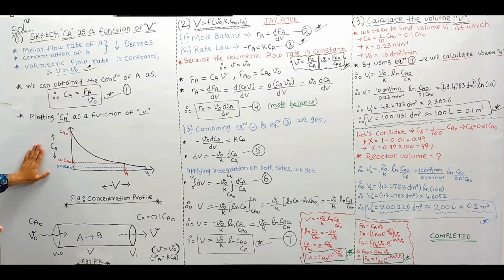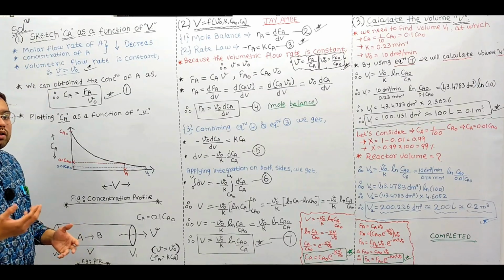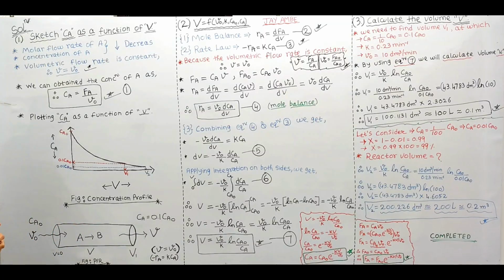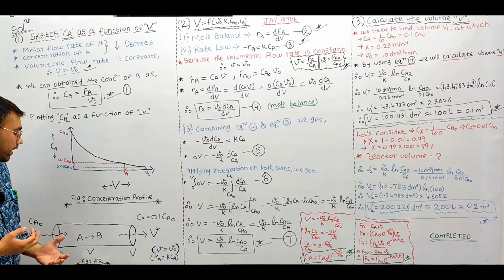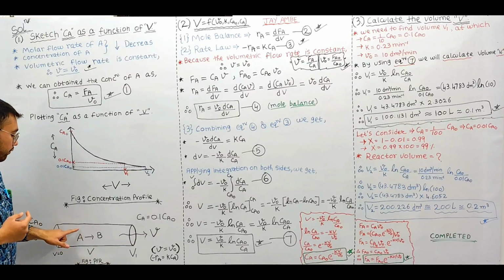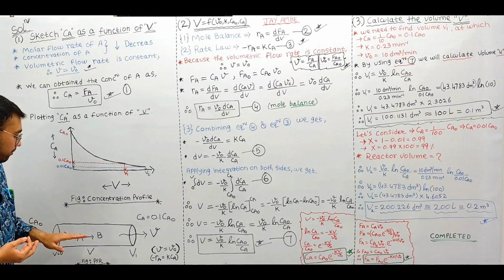So you need to draw this graph, and you also need to explain how. Let's say the molar flow rate of A and the concentration of A both decrease. The volumetric flow rate is constant, which means here we are carrying out a first order liquid phase irreversible reaction in the plug flow reactor.